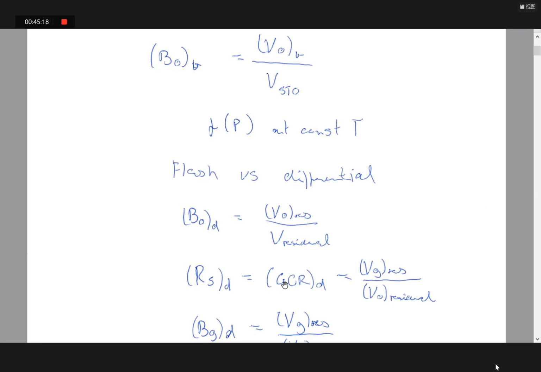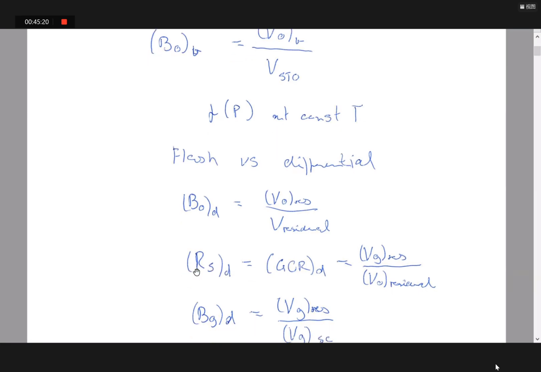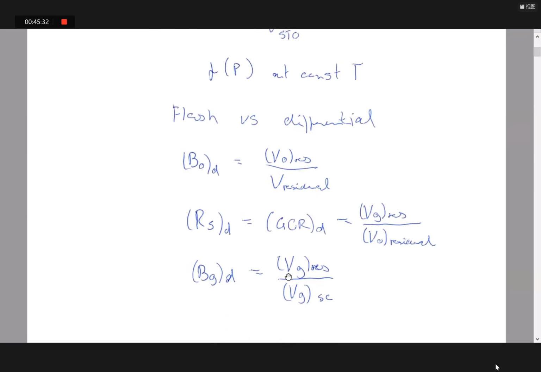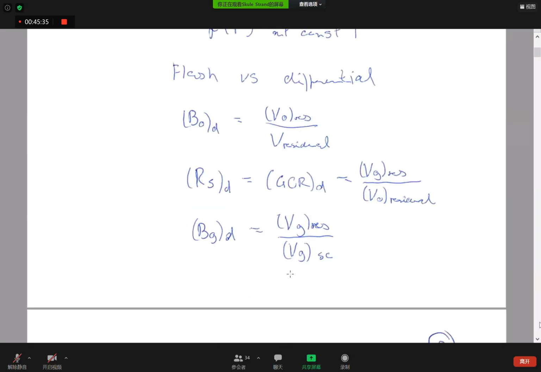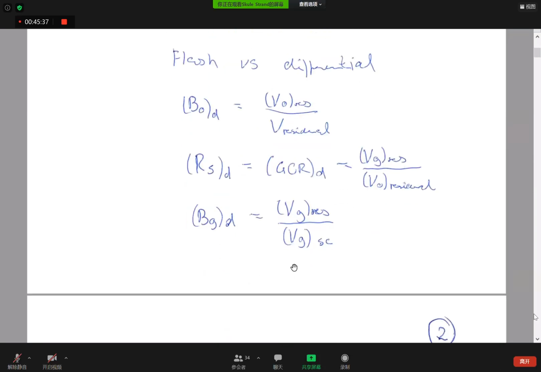I'll come a little bit back to that. And then Rs is the amount of dissolved gas in the fluid as we go into the two-phase region. So it's a GOR. And then there's a gas differential.